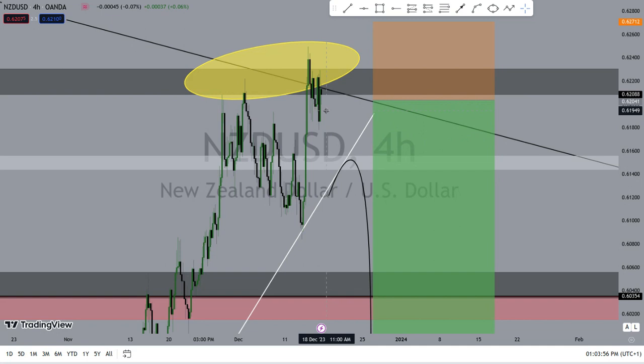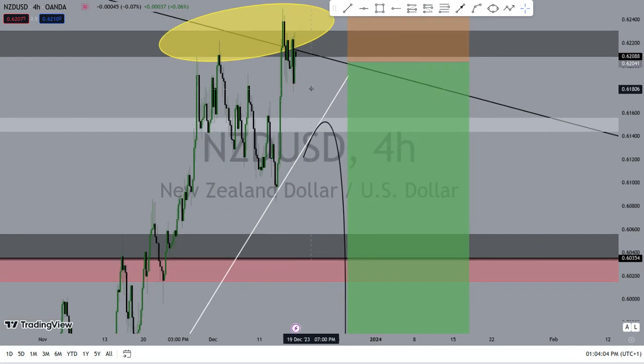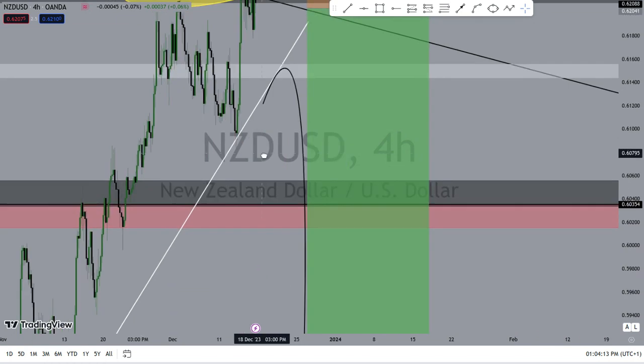So this is giving us a clue that there's much more selling pressure around this region on NZDUSD, which is going to make the market react. Then we'll be looking to sell around this region or after a break and retest below this level.